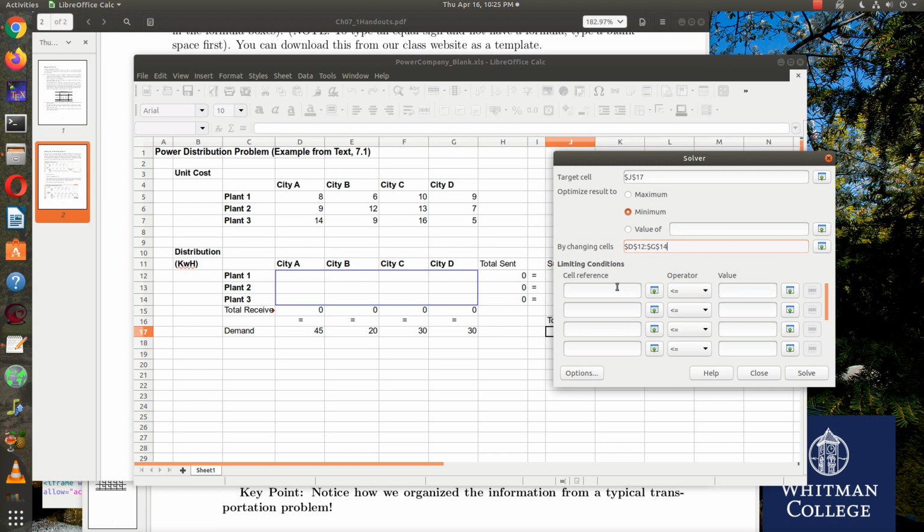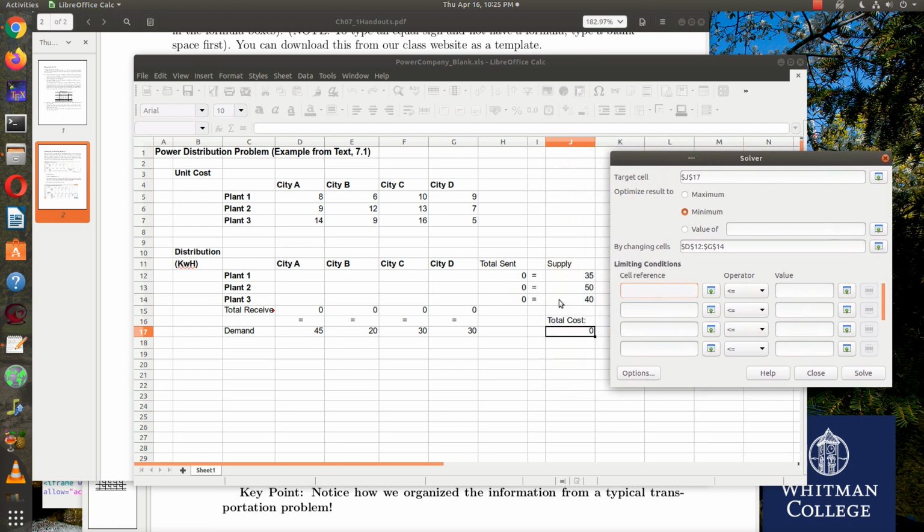Now when I do my constraints, I just have to look at these cells and compare them to my supply cells, and compare these to those. So I need H12 to be greater than or equal to 35. Then H13. I don't really need dollar signs on there, but I'll leave them.